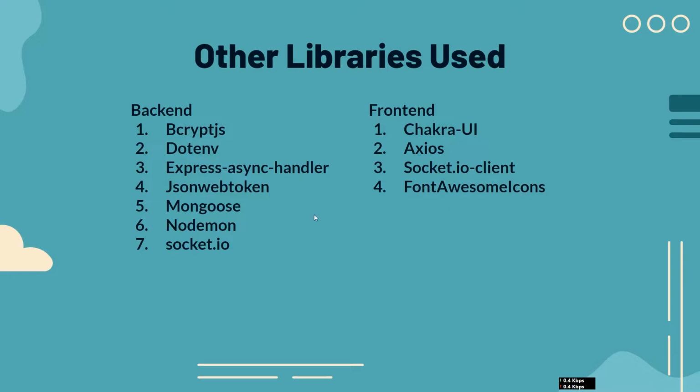For the connection purposes, we have a library called Mongoose, which provides us methods to communicate with the MongoDB database very easily. And for running my server, I have used Node, which monitors the changes in our code and updates it accordingly.